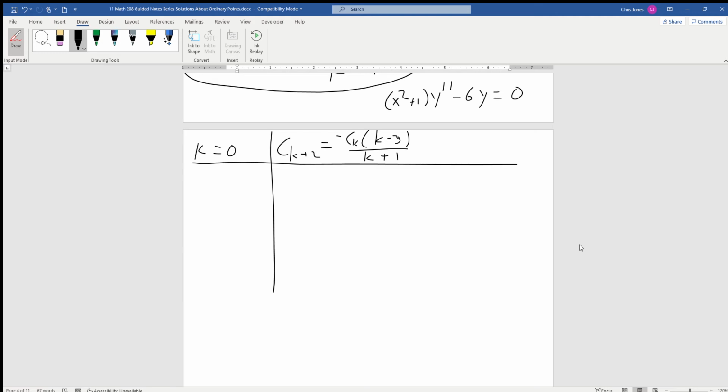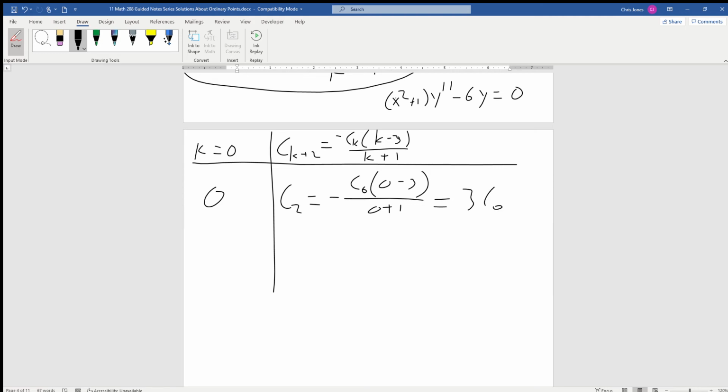Sometimes you can see it really quickly. Sometimes it might take you 8 to 10 iterations to go through. Remember, it's just algebra, so it's more tedious than difficult. Let's plug in 0 for k. That gives us that C2 is the opposite of C0 times 0 minus 3 over 0 plus 1, which simplifies to 3C0.